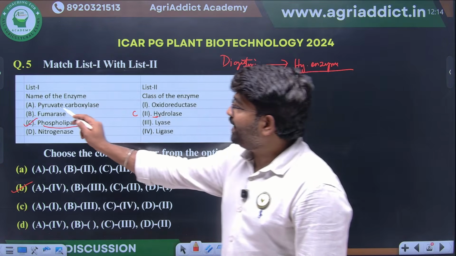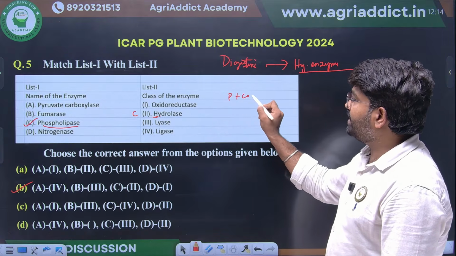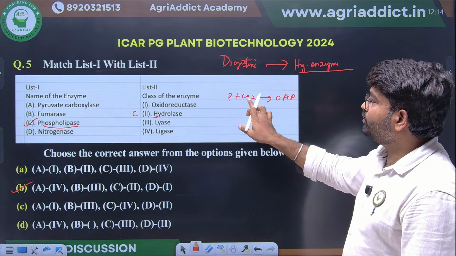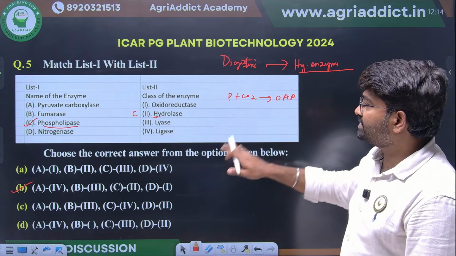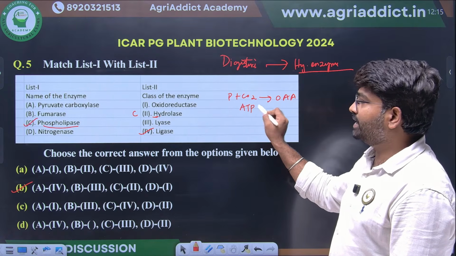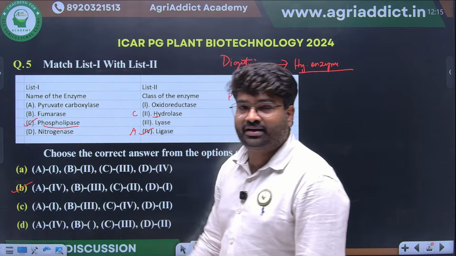Correct. Pyruvate carboxylase, what will it do? Pyruvate will bind with carbon dioxide to form oxaloacetate. Here CO2 is attaching to this pyruvate to form oxaloacetate. So that is a ligase reaction where ATP is also utilized. So A will come under option 4. So this is correct.